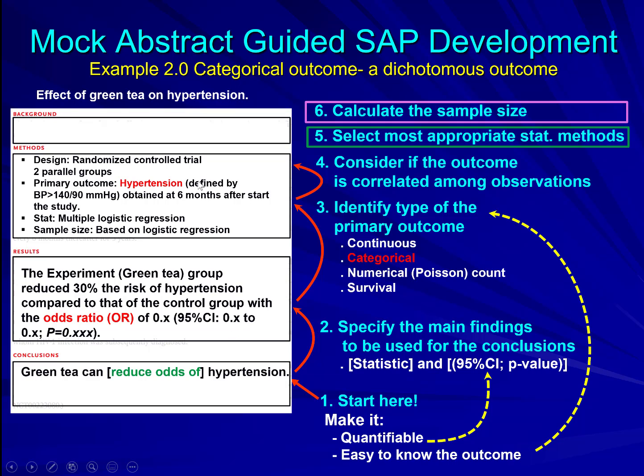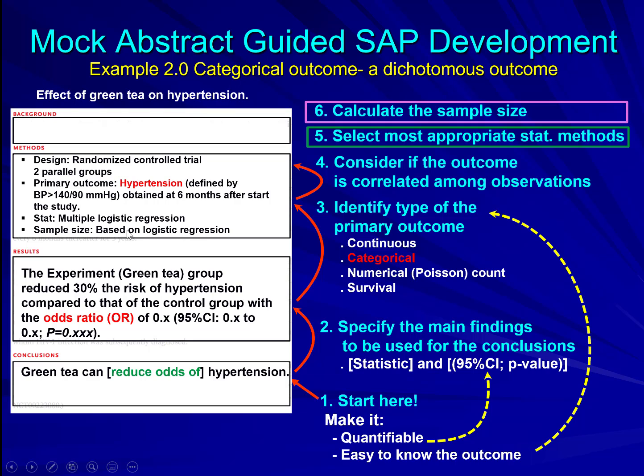And also the methods section. It's just the same as the previous one, but just change the type of outcome like this and specify this is the multiple logistic regression. Also, the sample size is based on that.